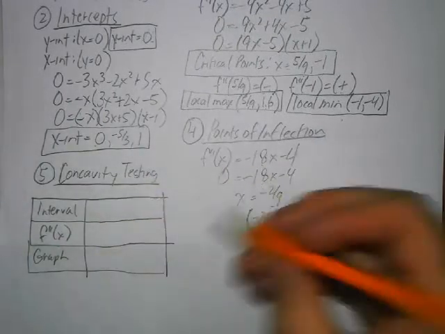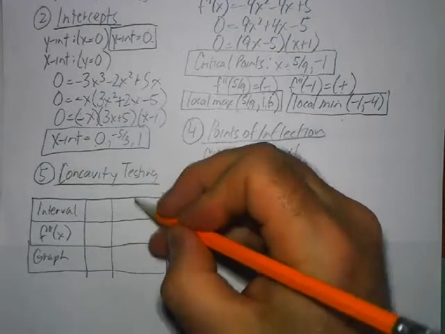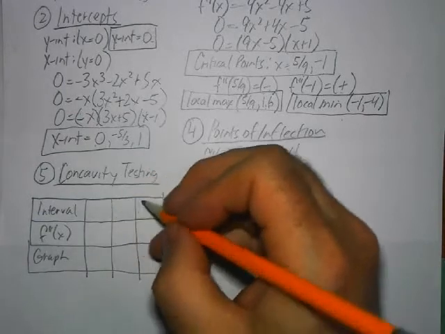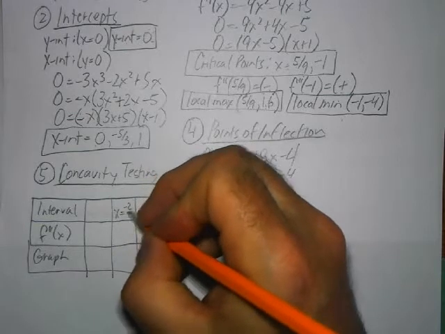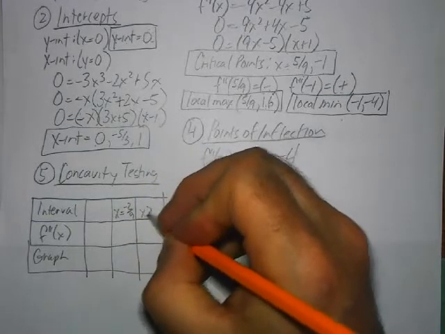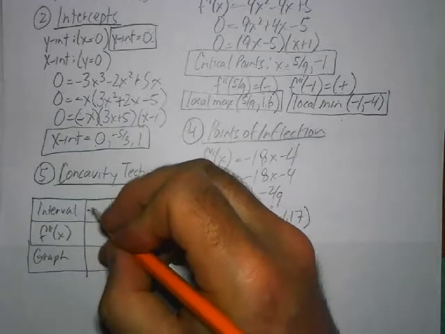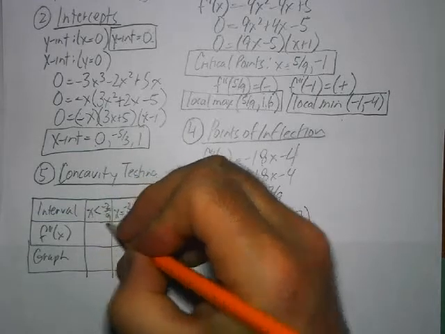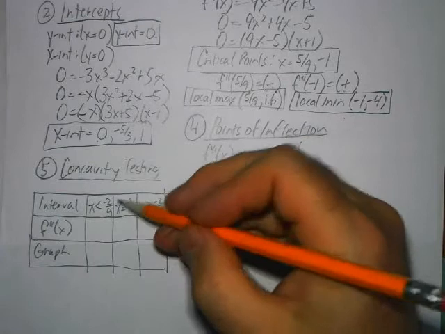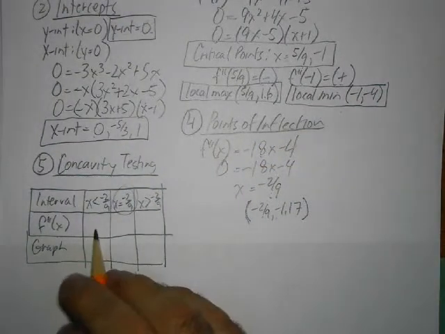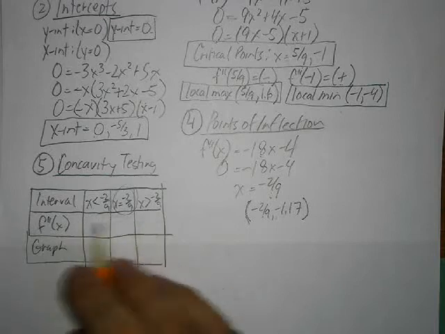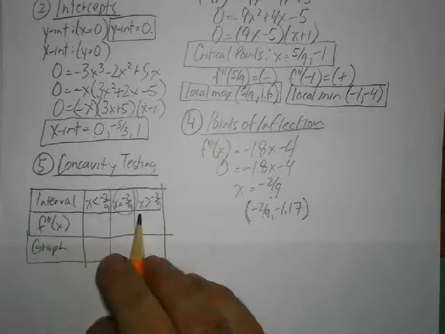I'm going to have 3 columns here: x equals -2/9, x is greater than -2/9, and x is less than -2/9. Okay, so this is the point we think is possibly a point of inflection, but we want to test the concavity to the left and to the right of that point.